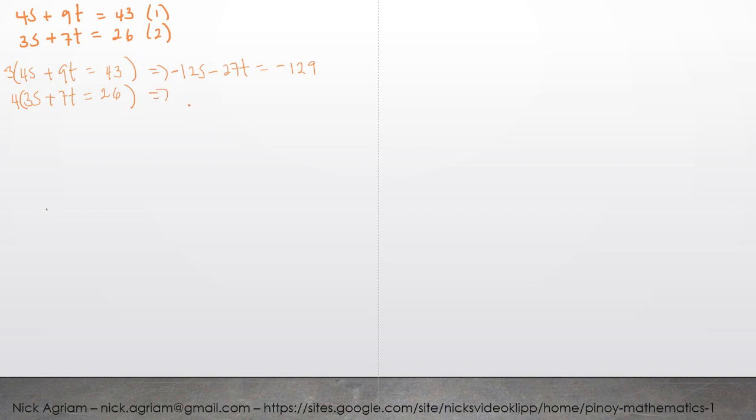The next equation, we have 12s plus 28t is equal to 104. Adding, s becomes 0, and then we have positive t is equal to 25.